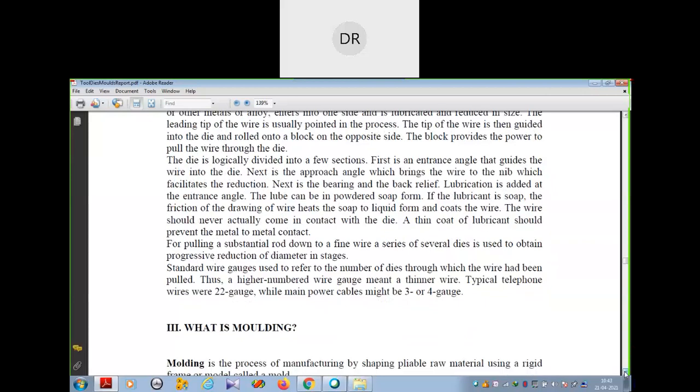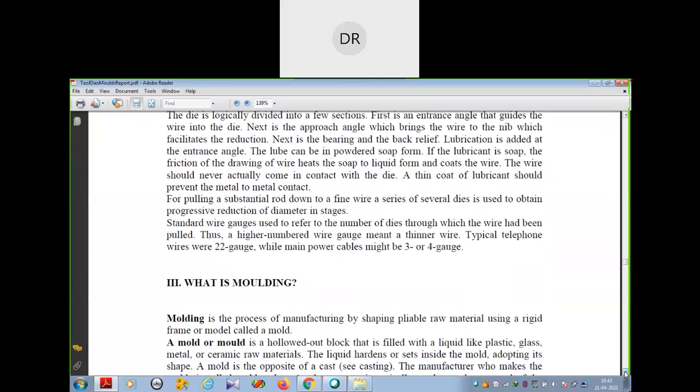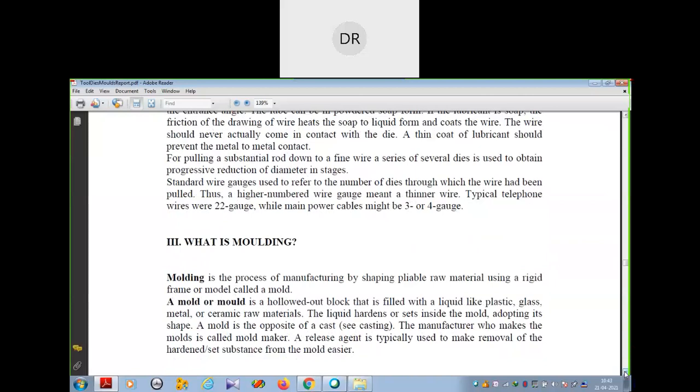Next, after casting die design, we have molding. What is the process? Molding is the process by which we manufacture a raw material using a frame or model, which is called a mold. A mold, or mould, is a hollow block which is filled with some liquid like plastic, glass, metal or ceramic materials.